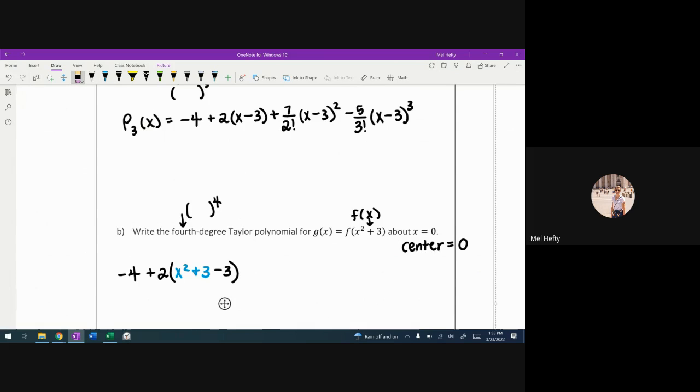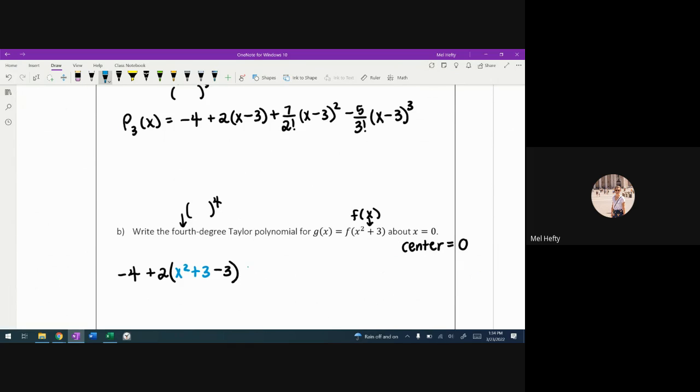Is anyone getting a little excited about what we're doing? Partially because of that +3 -3. What are those 3's going to do? They're going to cancel. What was my center of this new one supposed to be? 0. So if I just have 2x squared, this has now changed the center to be 0 because we won't have x minus the center. We'll just have x minus 0.